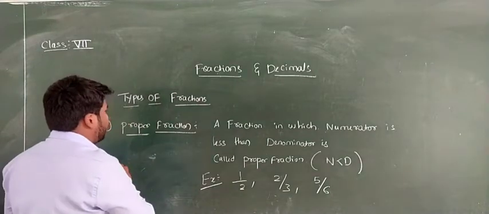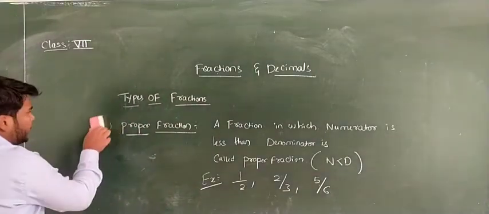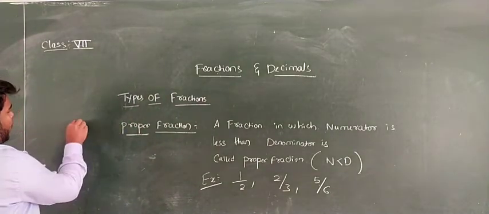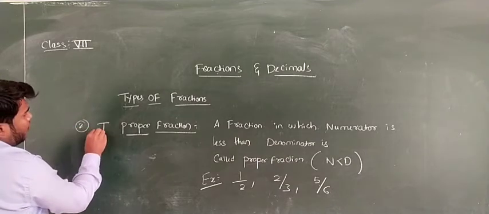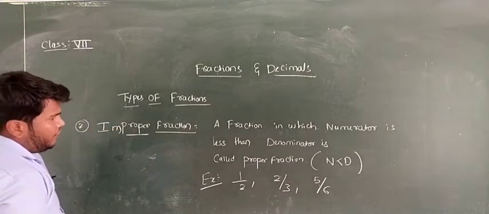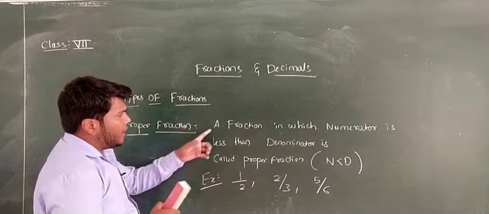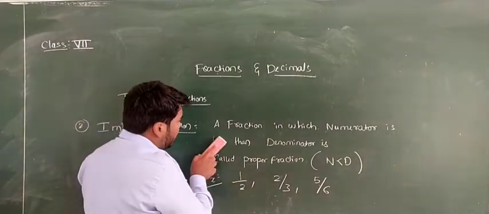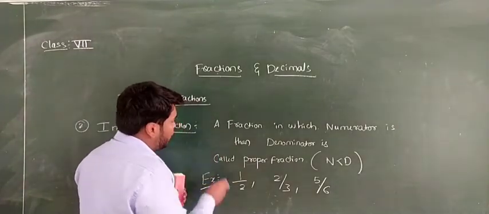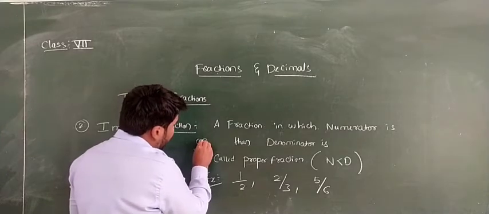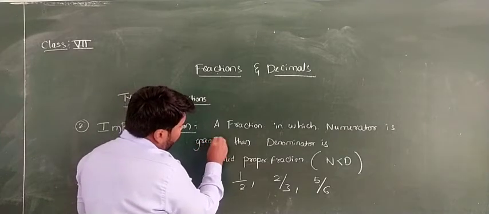Next we are going to study the second type, that is improper fraction. A fraction in which numerator is greater. Just instead of less, you have to change the word to greater.